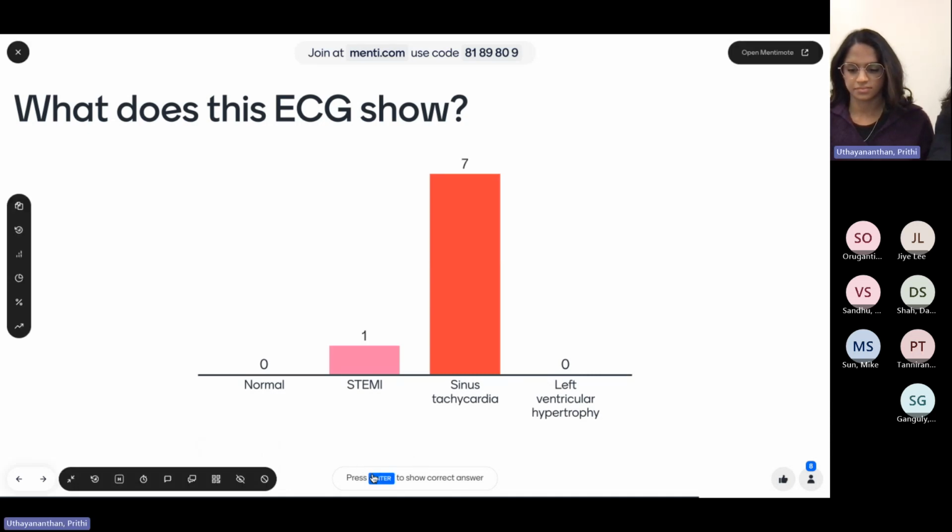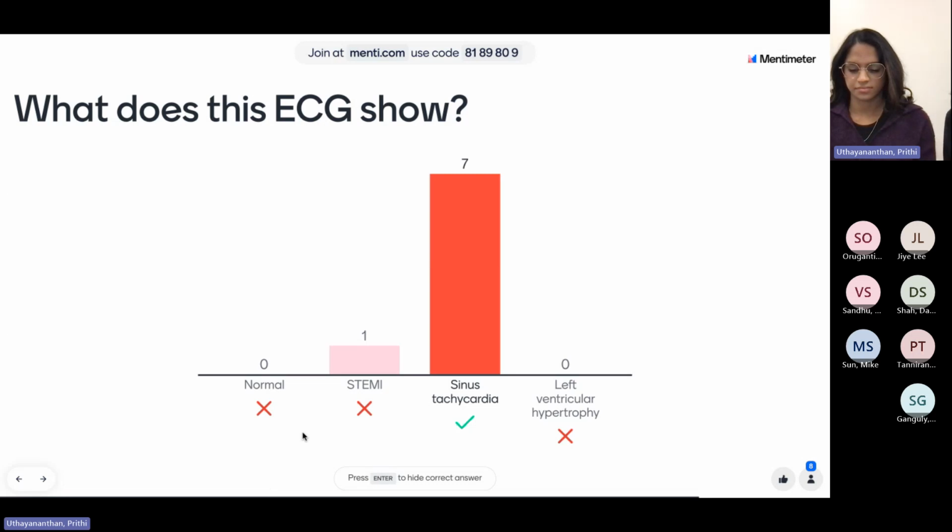Yeah, so I think most of you are right, so it's sinus tachycardia. I don't think I saw any ST elevation. But it's quite dramatic when it's a STEMI, and also it would be in like that territory. So it wouldn't just be in like a singular lead, it would be in like that area.